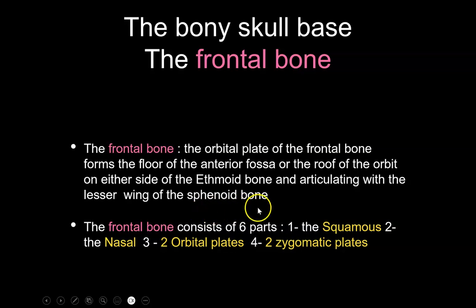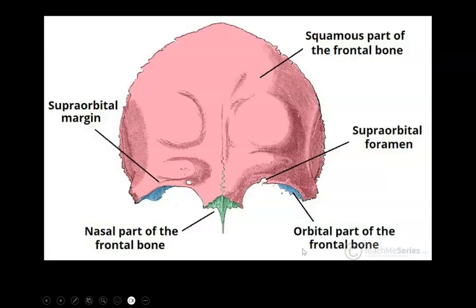And the frontal bone consists of 6 parts: 1 squamous, 1 nasal, 2 orbital plates, and 2 zygomatic plates. The squamous part of the frontal bone is 1 bone, of course; in children until the age of 8 years there is a metopic suture that is closed after that.